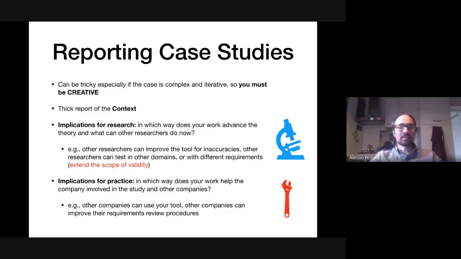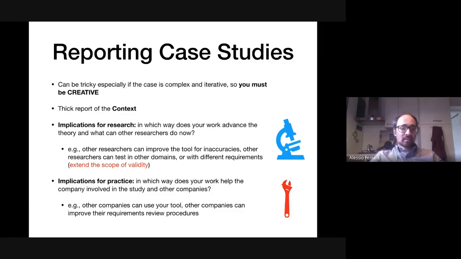So anything that characterizes your study, the peculiarity of the company, the process, the culture, everything that you can report needs to be reported, because also for you that you are in the company and you're interacting with them, you give many things for granted, but the reader doesn't know anything. Okay, so the more they know, the more they can relate to what you write, and the more can understand also the relevance of what you're providing, and the applicability, of course, as for their case.